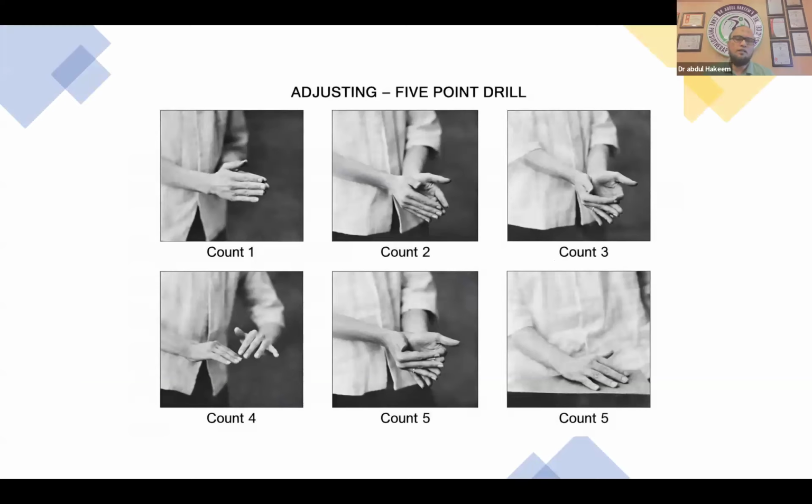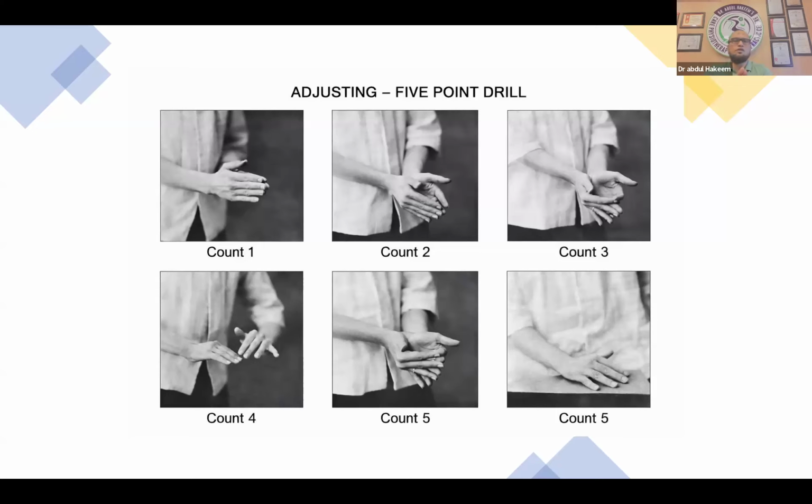In the 5 point drill, to make the gauntlet arch, first of all, we have to make your hands like this. This is the arch. Then join finger to finger. Then the total pisiform area. Then thumbs. This is first count.